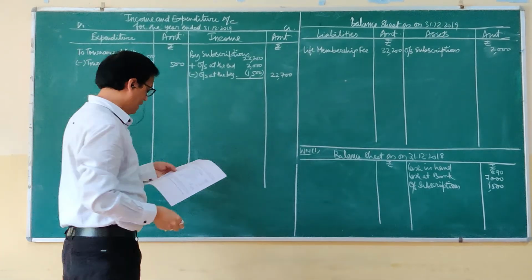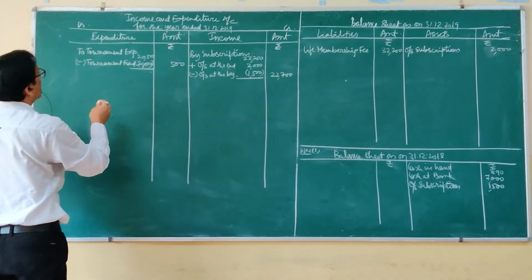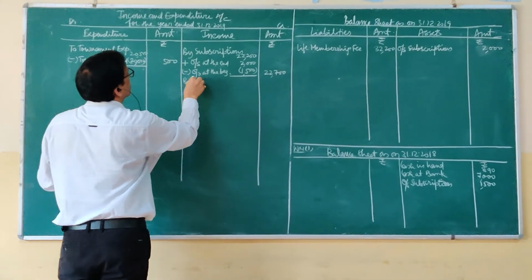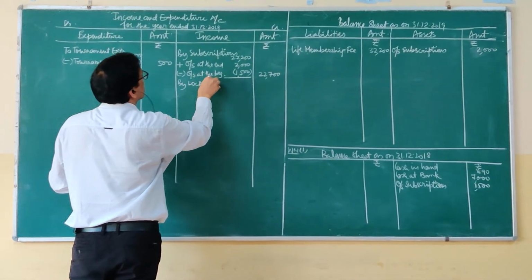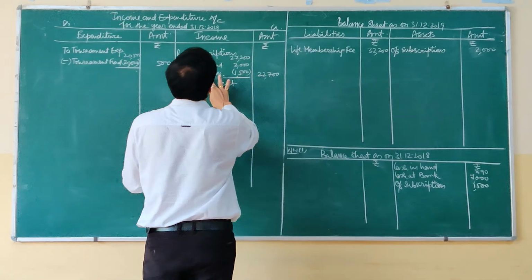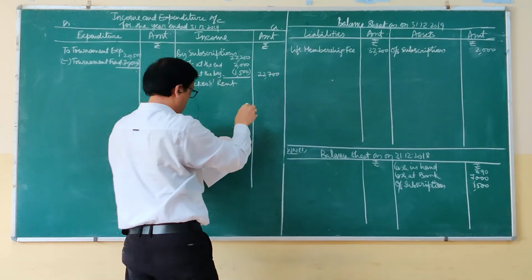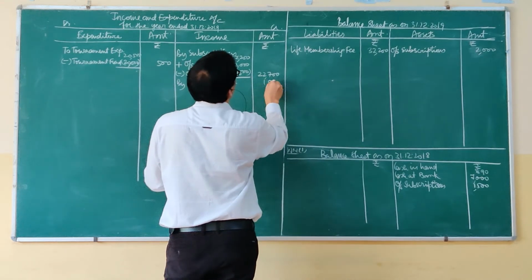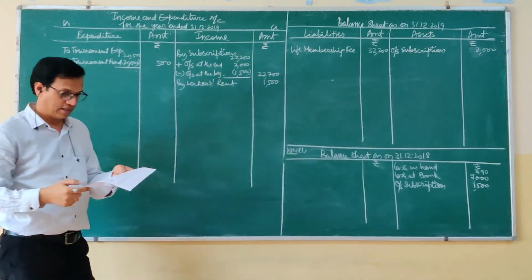Then to lockers rent and no information is given for it. So we write it here by lockers rent. And lockers rent is 1,500. Nothing is given regarding it in the adjustments.